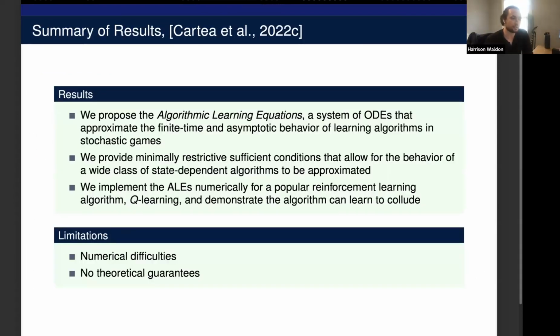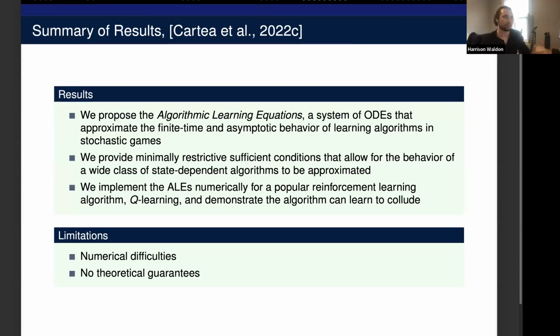Okay, so to summarize these results, we propose the algorithmic learning equations, which are a system of ODEs that approximate the finite-time and asymptotic behavior of learning algorithms in stochastic games.